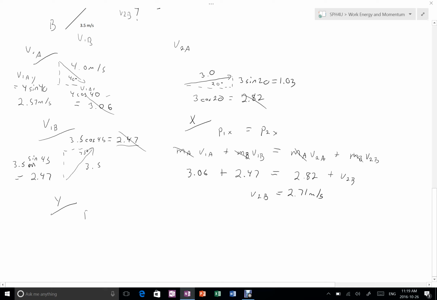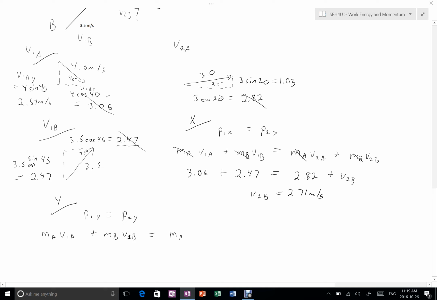Again, initial momentum in my y direction is equal to final momentum in my y direction. Let's see if I can do this right. Mass A times initial velocity of A plus mass B times initial velocity of B. Oops, see, I can't. There we go.